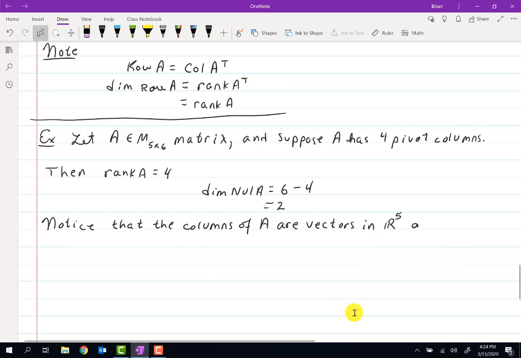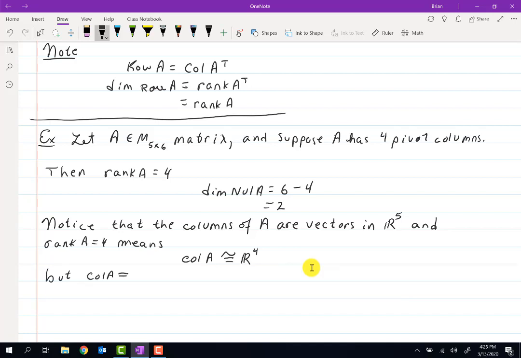And by seeing that the rank of A is equal to 4, we see that the column space of A is isomorphic to R4, but column of A does not equal R4 because column of A is a subset of R5.